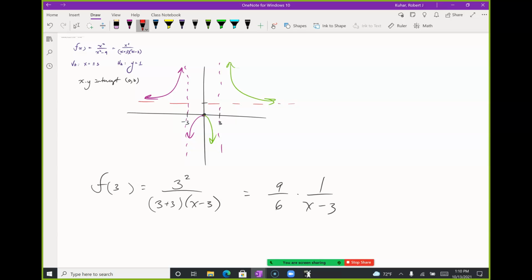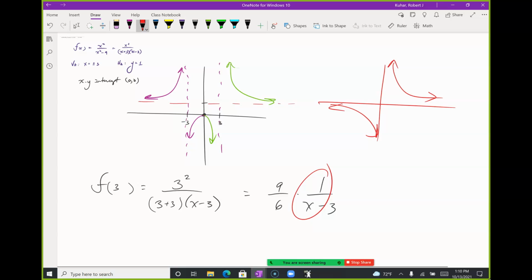And I'm seeing some kind of positive 1 over x. Yes, stretched out and shifted, but still looks like 1 over x. Right, in the green. You see the green looking like 1 over x? I've got this part of the green, and I've got this part of the green, right?